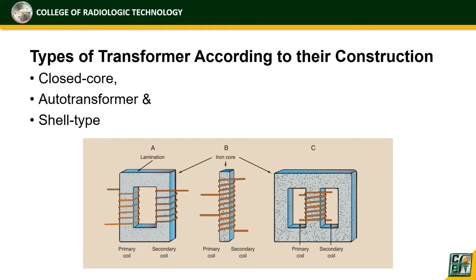The closed core transformer is letter A. Then the autotransformer has a single winding, for the winding is in a single bar or iron core bar. And the shell type transformer is letter C.